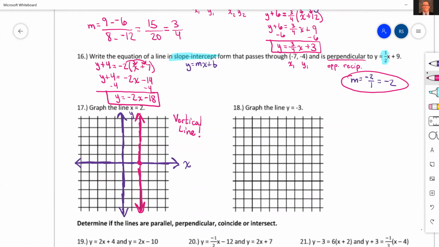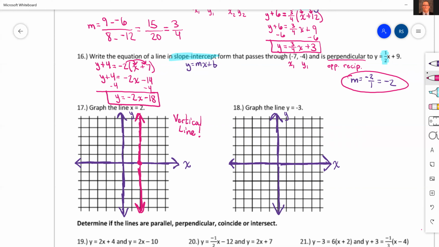Now let's look at 18. Again, let's draw our axes in there. Okay, so they ask us to draw the graph of the line for y equals -3.